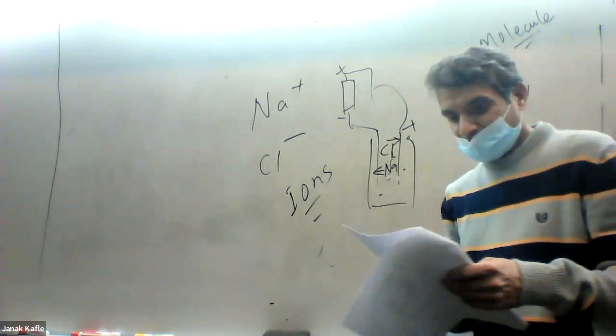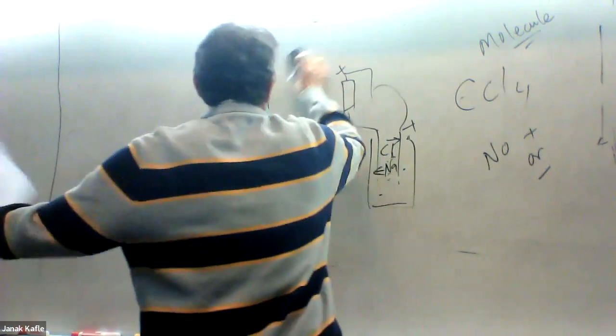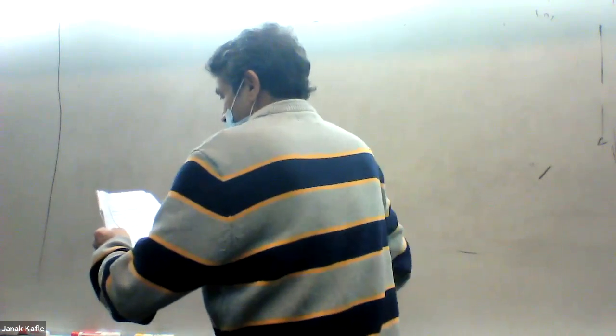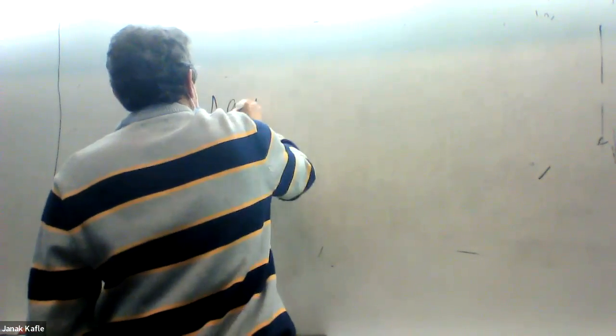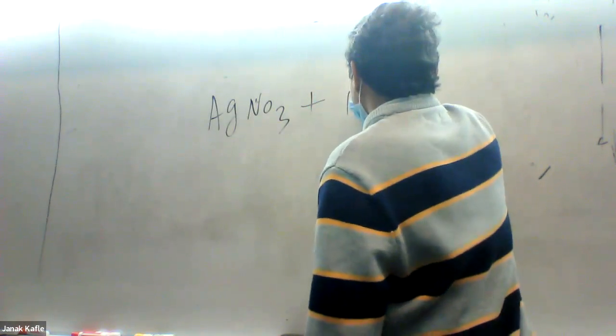Now, if we do a reaction, what happens? So let's say if we do some reaction, what forms? Let's say silver nitrate is here and I have NaCl here.